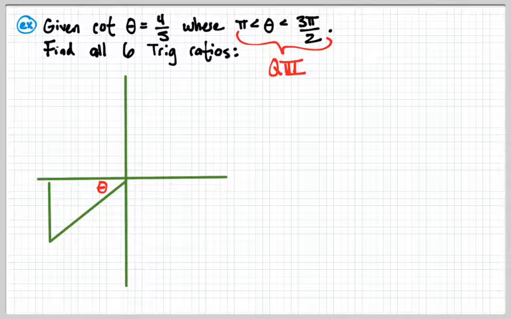Now the next part's for you guys. Well, actually, before we do this, I want you to do this on your own because this will help give some of you a framework. Here's your angle. I want you to label each side opposite, hypotenuse, adjacent. Because some of you are still having a hard time with this. So which side's the opposite, which side's the hypotenuse, which side's the adjacent? Raphael, what's this side right here? Good.